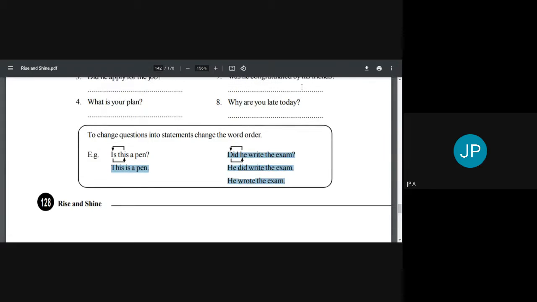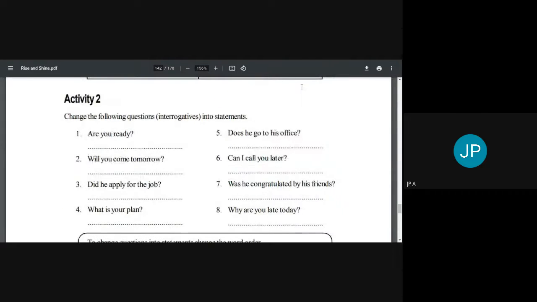Then it will be easier for us to change questions into statements. Are you ready is a question. Interrogatives, questions. There are 2 kinds of questions, as we have discussed: yes or no questions and WH questions.